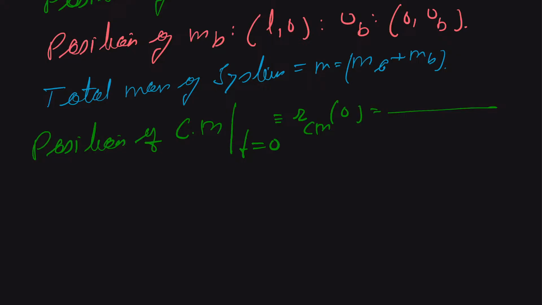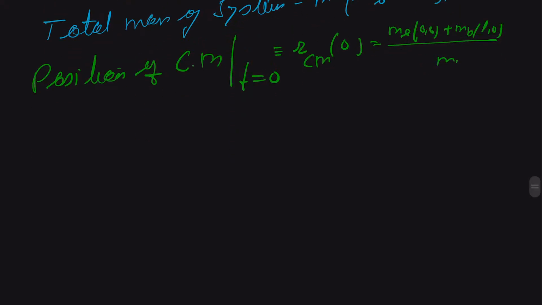So we get mass of A times 0, 0 plus mass of B times L, 0, over total mass M. So we get that our RCM at time 0 is equal to MB times L divided by M, 0. And we can also find the velocity of the center of mass.